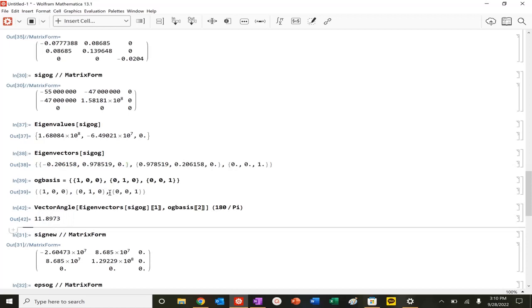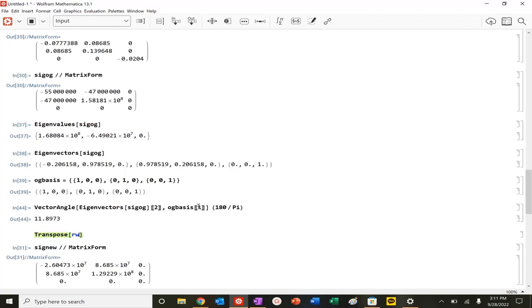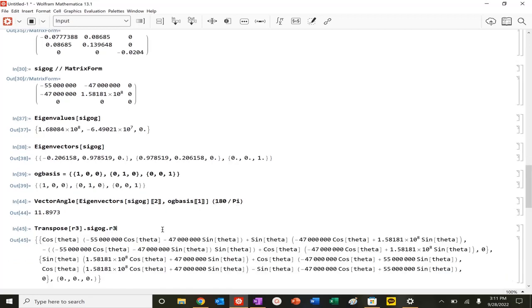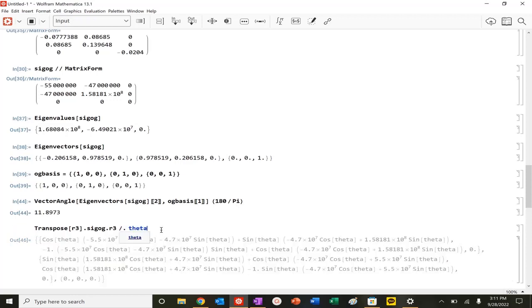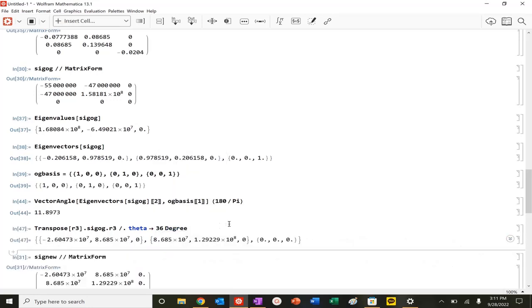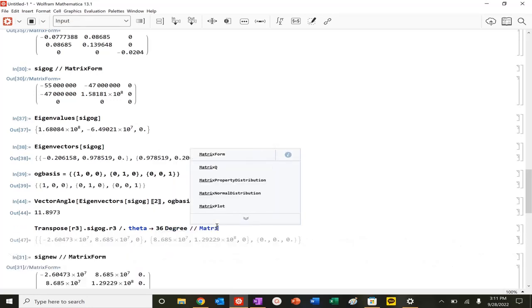I can confirm that by doing the transpose of R3,3 dot sig OG dot R3,3, with slash dot theta goes to 36 degrees. So we can look at this matrix form.